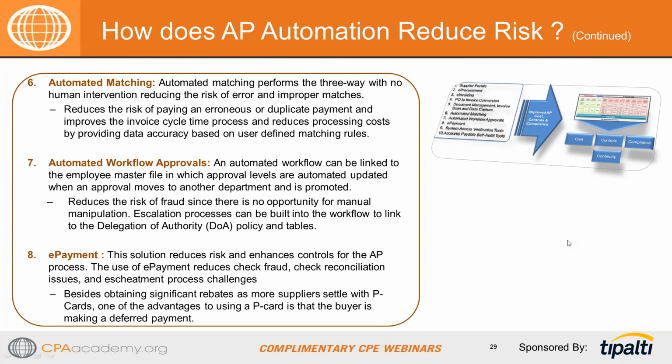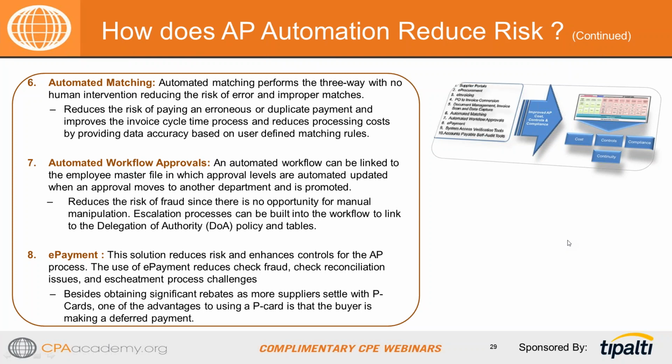However, the driver of your delegation of authority process is a table and certainly a policy that references these tables. And what you can build in is a link directly to the table to route the approval to the next level up.